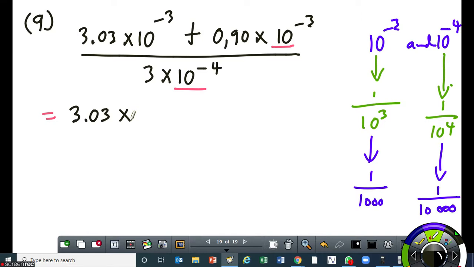Therefore, the highest common factor of those two is going to be 10 to the power of minus 4. It's the one with the smallest exponent. Remember, which one is greater, minus 3 or minus 4? Minus 3. Therefore, when we are finding the highest common factor, we take the smallest of the two, but if you are taking the lowest common multiple, we take the largest of the two.